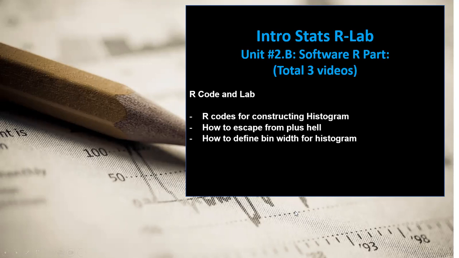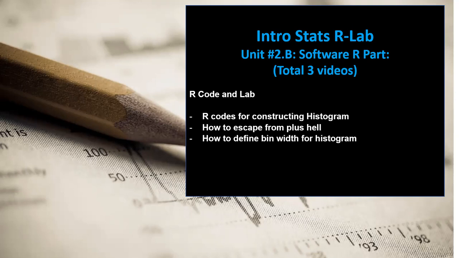And then for the software R part, we also have 3 videos. In these videos, the key things to pay attention to are the R code and how to do the histogram. The next thing, which is pretty helpful, is how to escape from the plus hell.